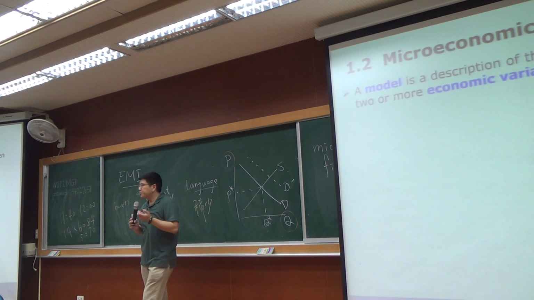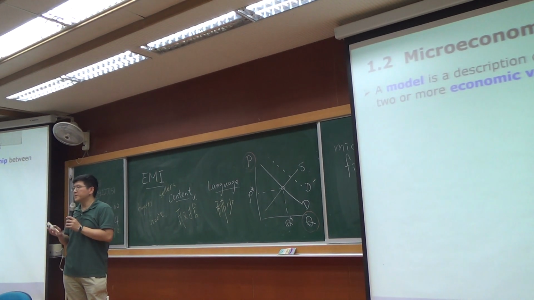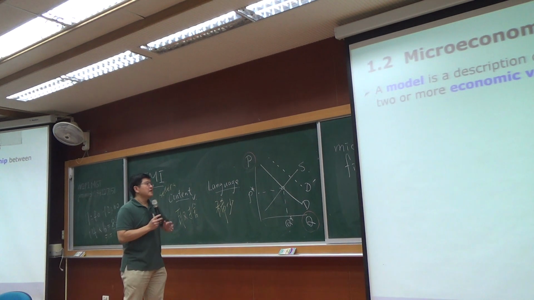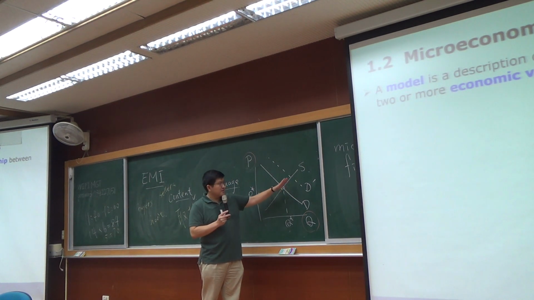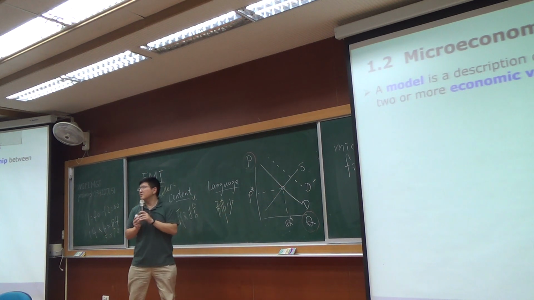Or if the price of the complements, 互补品, or the substitutes, 替代品, varies. If the price of other goods varies, the demand or the supply curves may shift as well. Okay?